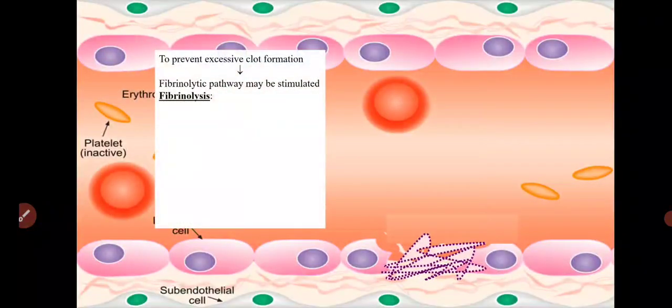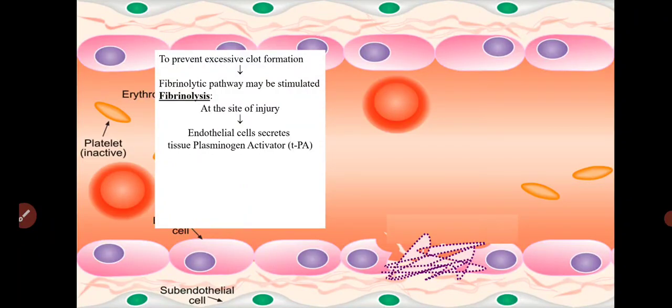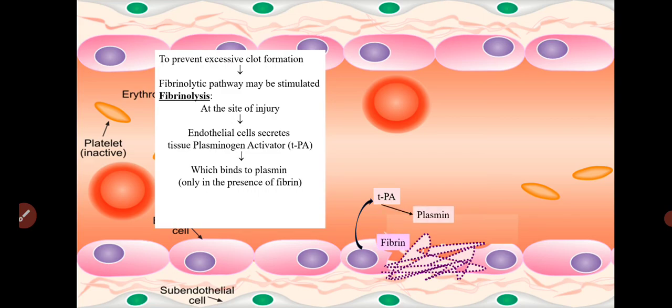To prevent excess clot formation, the fibrinolytic pathway gets stimulated. At the site of injury, the endothelial cells also secrete the tissue plasminogen activator. This tissue plasminogen activator binds to plasminogen only in the presence of fibrin, which converts plasminogen to plasmin.